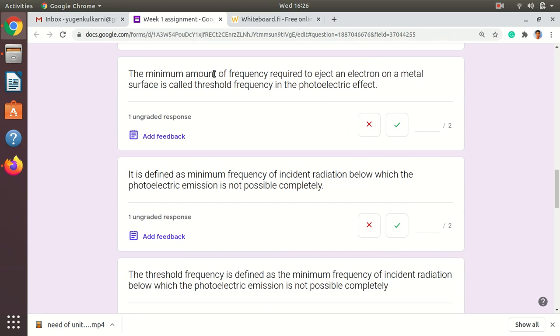A minimum amount of frequency required to eject an electron from a metal surface is called threshold frequency. Yeah, this is also a correct definition. You should not say amount of frequency, you should just say the minimum frequency required. So this will also get 2 marks actually.